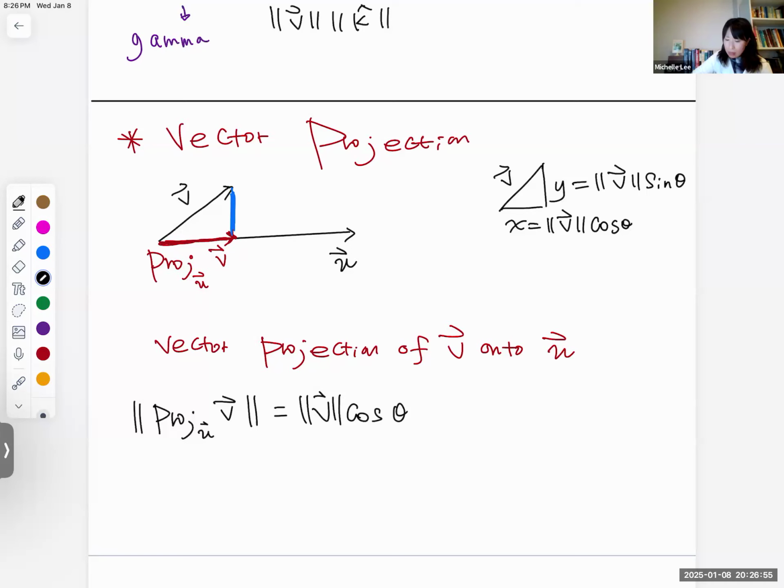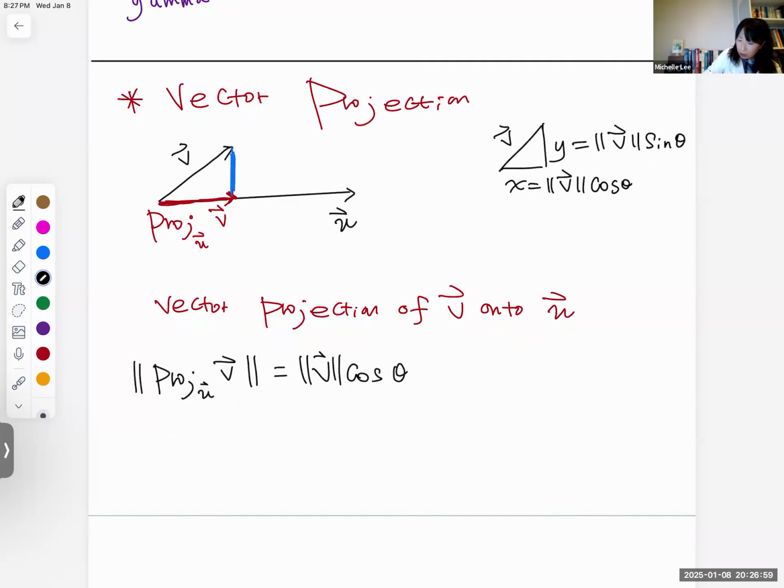Now, this is the magnitude of vector V. What's the cosine theta? We just run the formula: dot product of U and V over the magnitude of U times the magnitude of V.